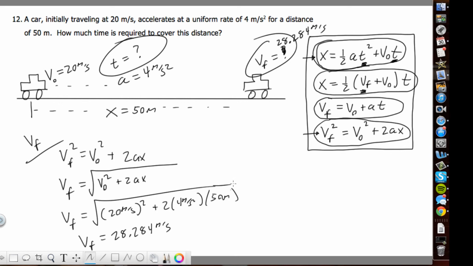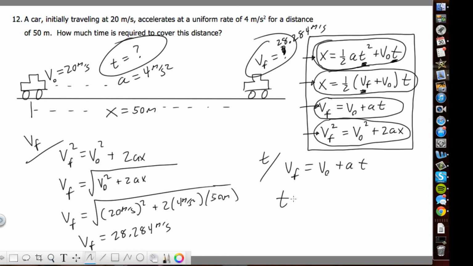meters per second. So now we can easily solve for time using, you could either use the second equation or the third equation. I think the third is the easier one. So VF equals V initial plus AT.